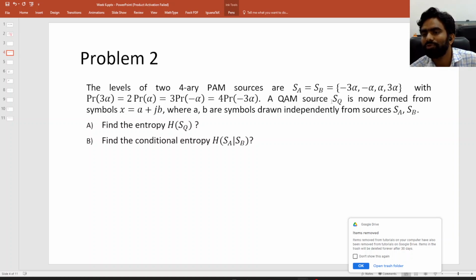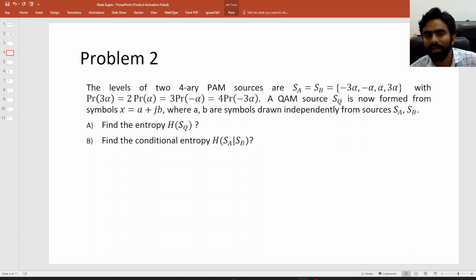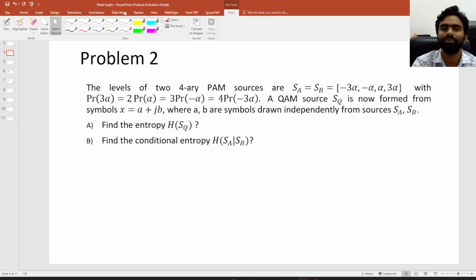Now a complex source SQ is formed from the symbol X equal to A plus jB, where A and B are symbols drawn independently from the sources SA and SB. Find the entropy of the source SQ, and find the conditional entropy of SA given SB. So what is in the question, I will explain.